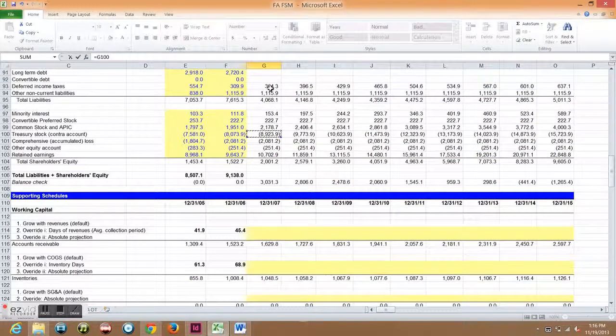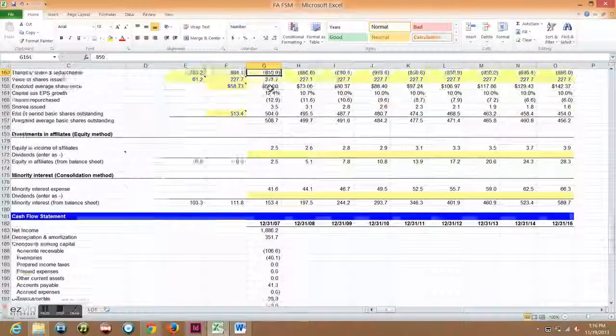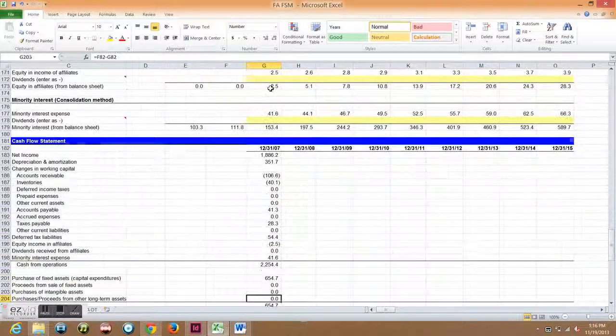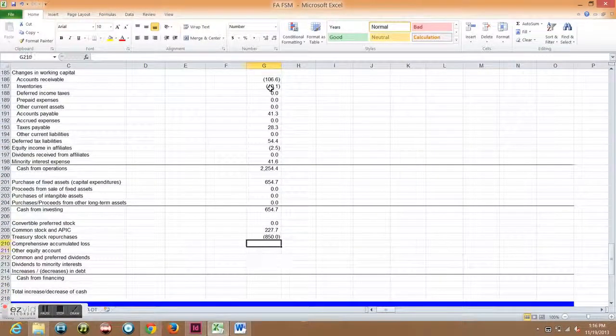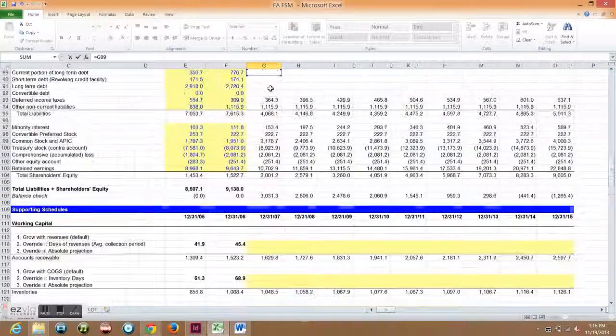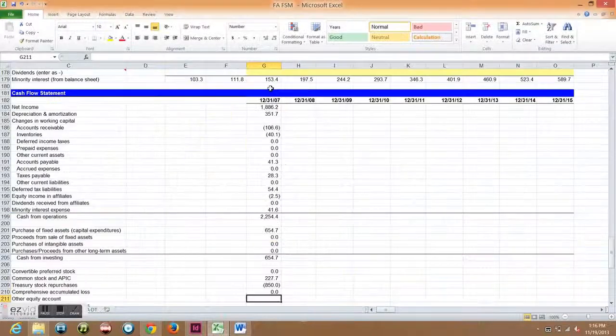So we're going to take this year subtracted by our previous year, negative 850. So if you go back to your diluted shares schedule, you're going to find negative 850 right here. So just find those kind of patterns and link them up and make sense out of them. Comprehensive accumulated loss. So we go to our balance sheet, comprehensive, right there, F101.